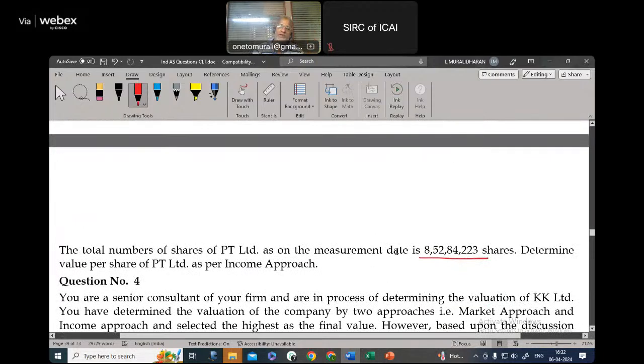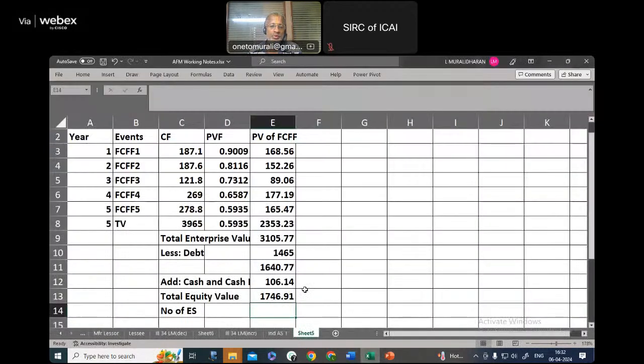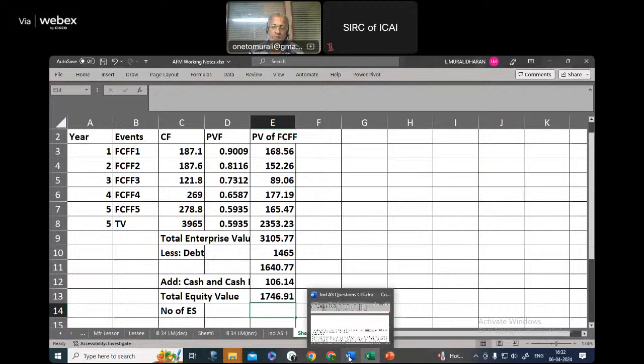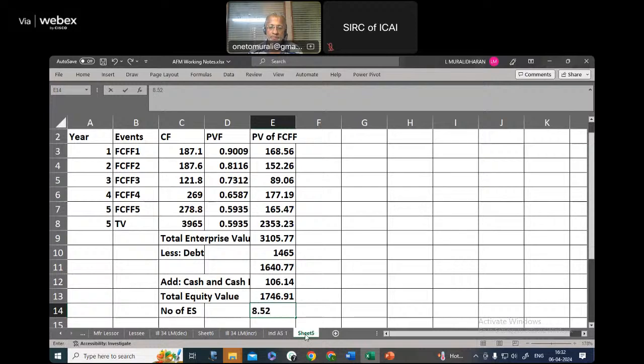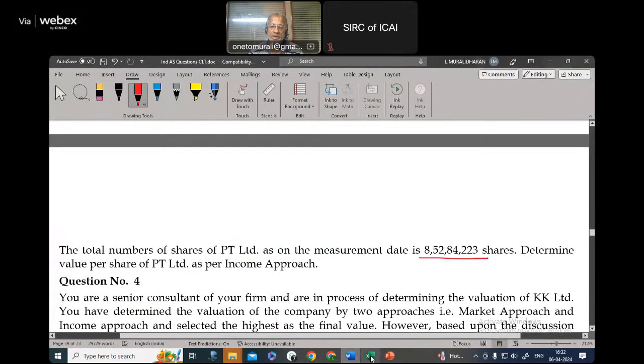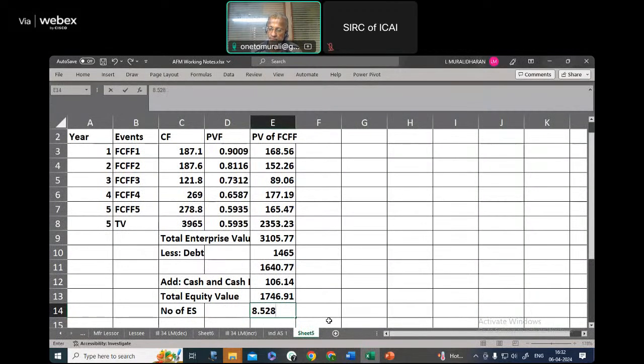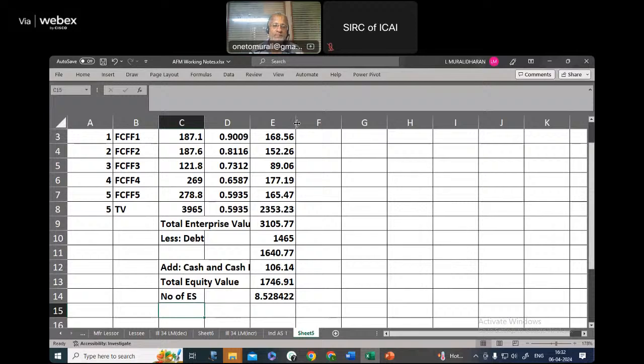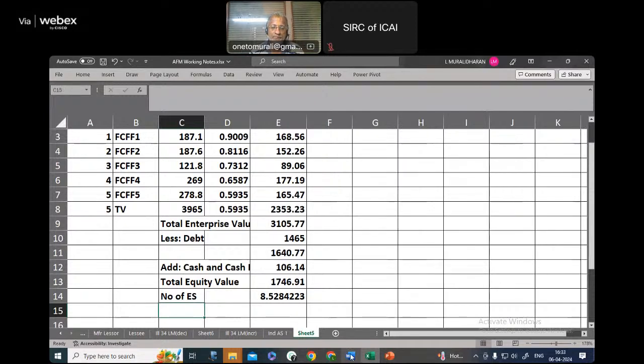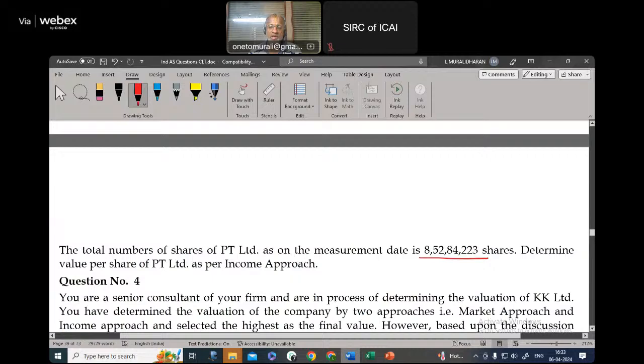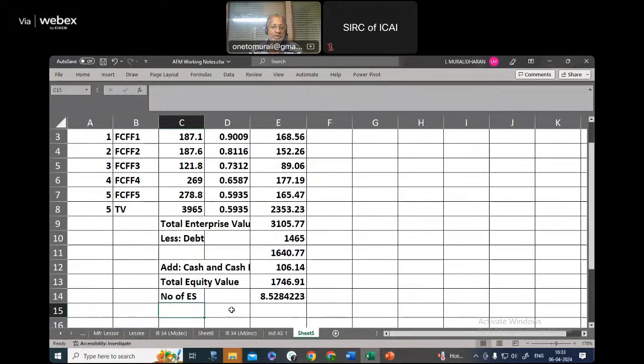That is, this is also so many crores, 8 crore 52, 8.52, 84223, that is 8,52,84,223.